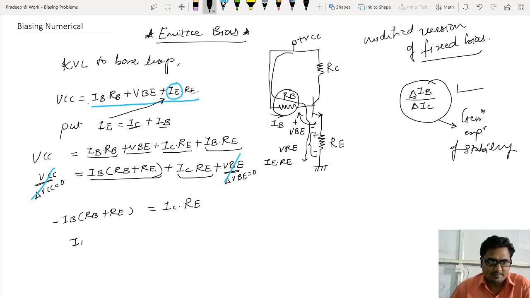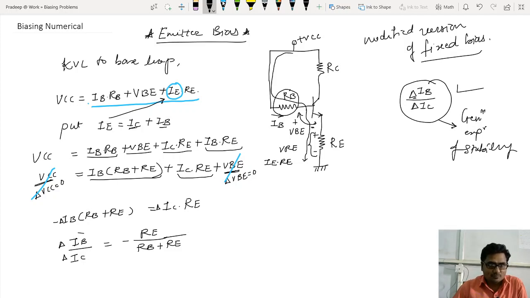Now as I am interested in delta IB divided by delta IC, the minus sign will go to the right side, so it will be RE divided by RB plus RE, and the rest will remain as it is. This is change in IB divided by change in IC. So that is what I wanted, delta IB divided by delta IC.